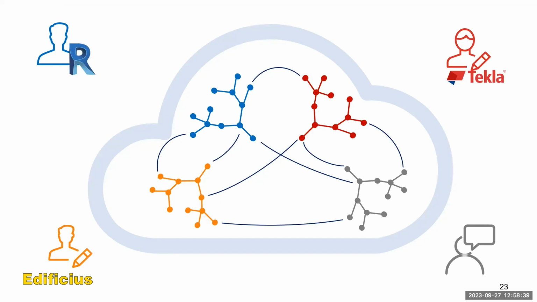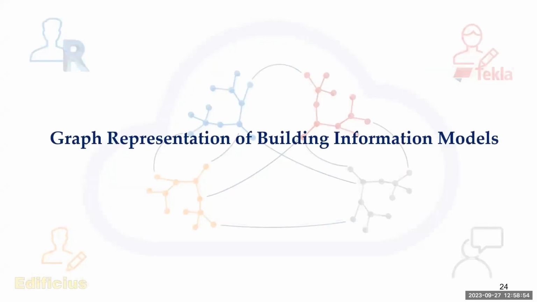Then we are going to apply intelligent functions on the linked graph, such as tracking a design change from one domain and propagating it to another affected domain. This is my research, graph representation of building information models.